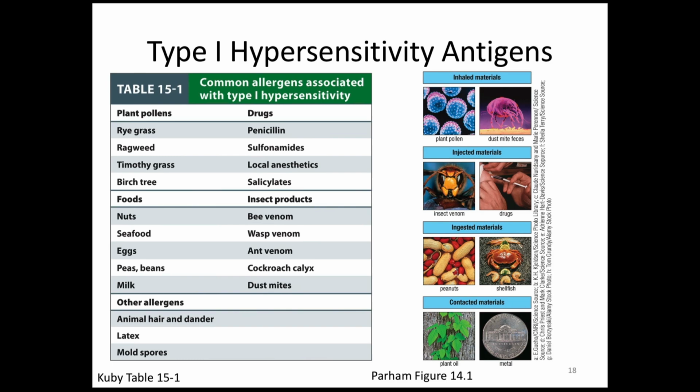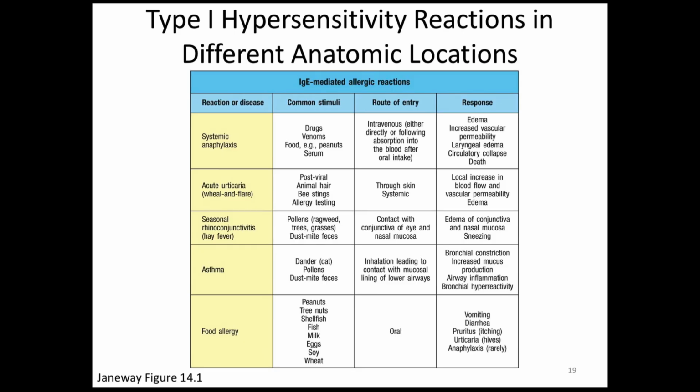The key with all of this is that they are all the same response. They are all exactly the same immune response, but that immune response is happening in a different anatomic location. And it turns out the same products of a mast cell, doing the exact same thing in different parts of your body, give you slightly different outcomes.